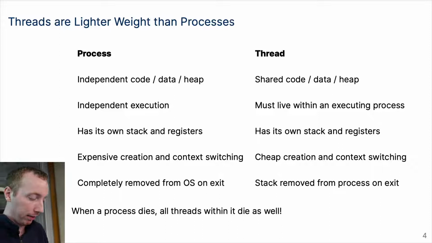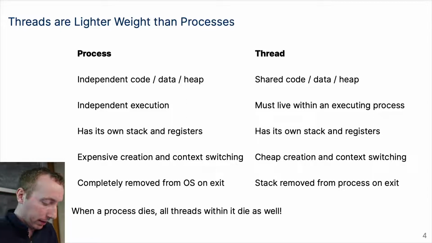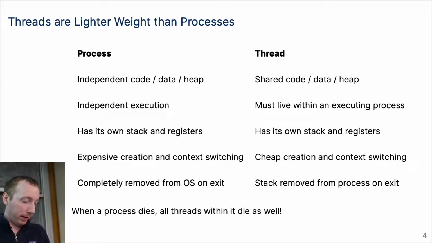You get it essentially for free. A process has independent execution, so whatever it executes doesn't affect any other process. But a thread lives within a process, so any changes they make to memory would affect each other because they're in the same address space. But both processes and threads have their own stack and registers.